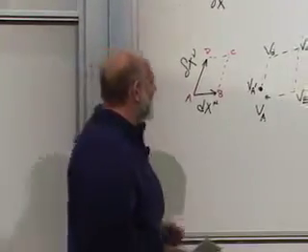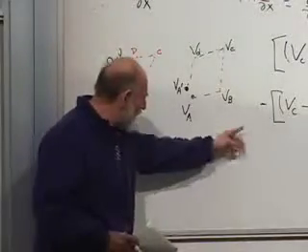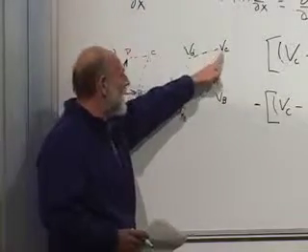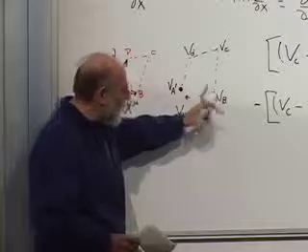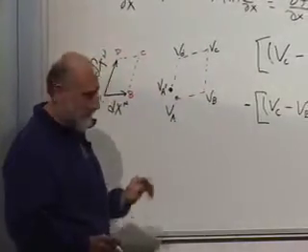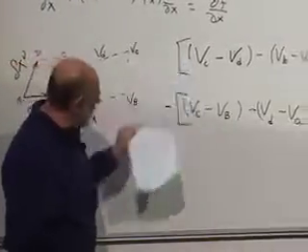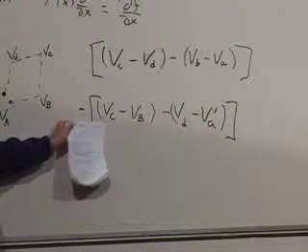If we think of going this way as the positive axis and this way as the positive axis, I've always subtracted the more positive from the less positive point. But the point here is I've engineered something to give me an answer I want. Let's see what the answer is. Notice that VC cancels. There's a plus VC here and a minus VC here.